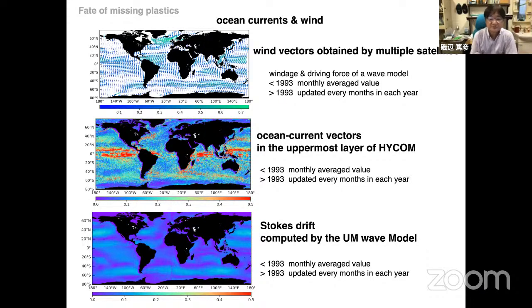And with the ocean current provided by HYCOM in the uppermost layer, our model is just a two-dimensional model in horizontal space. So all microplastic and macroplastic move horizontally in the uppermost layer. And the Stokes drift is added to the ocean current to compute the transport of the macro and microplastics. Stokes drift is computed using the University of Miami wave model. And all wind and current fields are updated every time step.